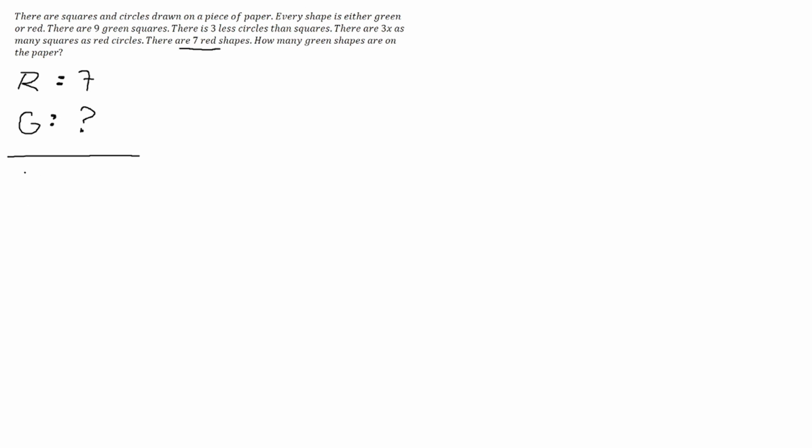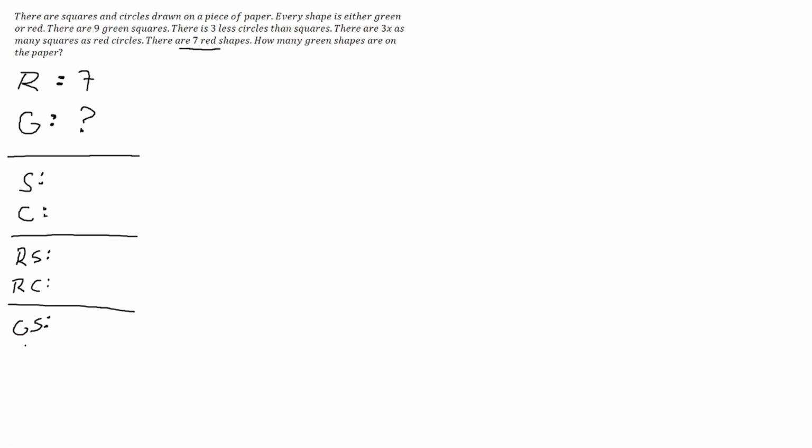So we have squares, then we have circles, and then to keep things organized, we're going to go for the red shapes first. So that's our red squares, then we have our red circles, and then lastly we have the green squares and the green circles.